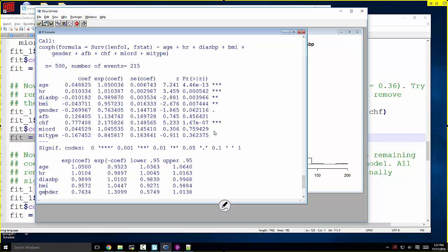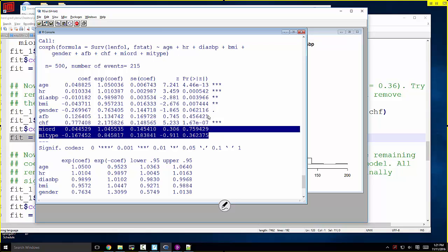And we might look again at considering removing variables. AFB has a reasonably large p-value. Myocardial or MI order has an even bigger one.